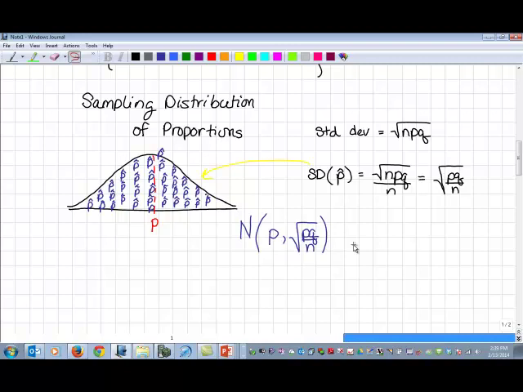So, for example, if I was to draw some M&Ms from a bucket of M&Ms without replacing them, I need to make sure that my sample size is less than 10% of all the M&Ms in that bucket. The second condition is that my number of possible successes in my sample and my number of possible failures are both greater than or equal to 10. So they seem to contradict each other. I want it to be large enough, yet not too large to not be independent.